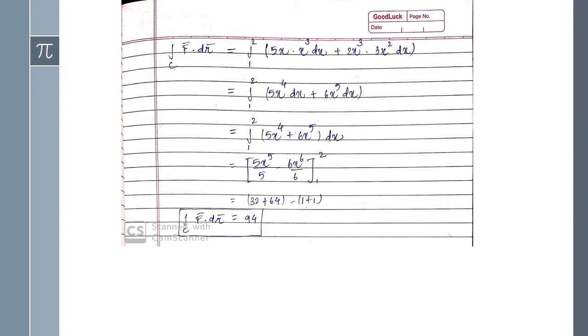So it will be 5x as it is, and in place of y, x cube, dx. Next 2y dy, so 2 as it is, y is x cube, and dy is 3x square dx. Now just do the simplification and put the limits, and you will get the final answer, that is 94.